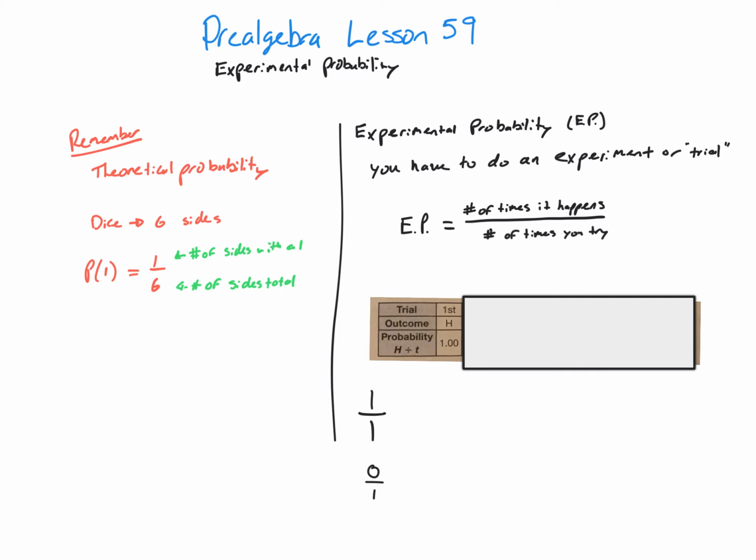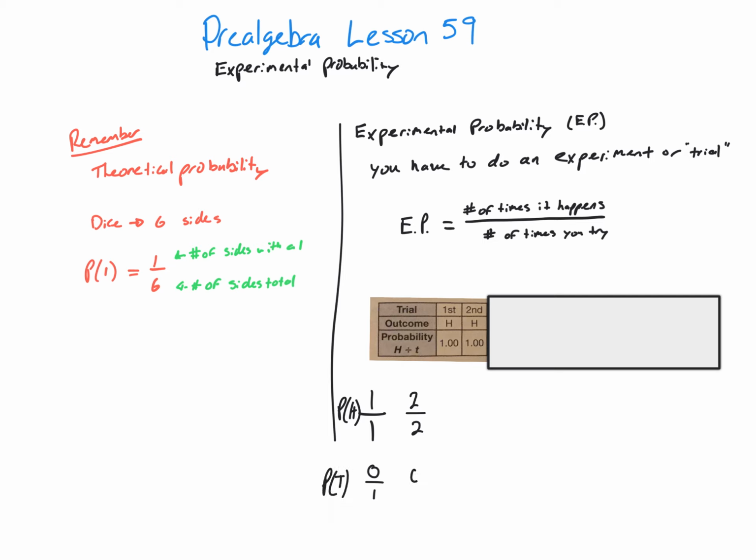Okay. Now, as we continue to flip this coin, we flip it a second time, and we get a heads again. So after the second time, now we have 2 heads. 2 times we've gotten heads, and we've done 2 trials. So let's say probability of heads, and probability of tails.